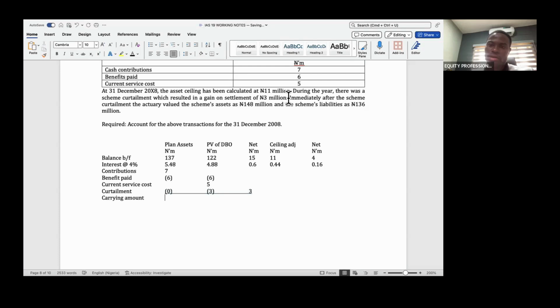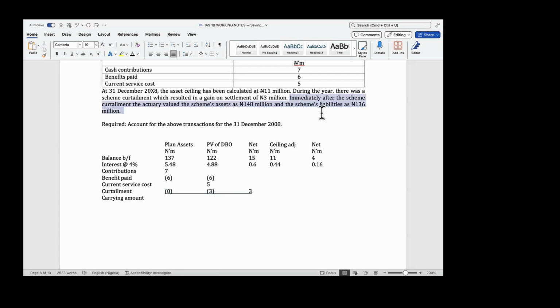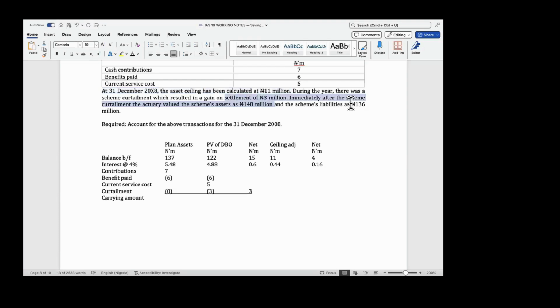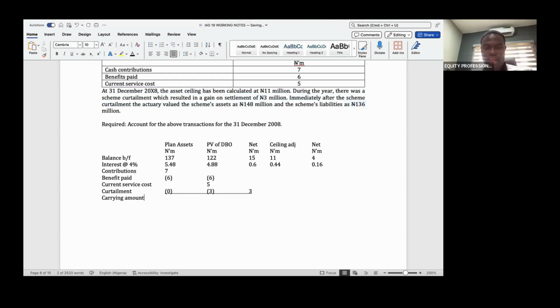The fair value, this one, where we have immediately after the scheme, the asset ceiling. This one, the 148 and 136. Yes, those are the fair values. I'll get to that now. After my carrying amount, those are my fair values. So how much is the carrying amount?